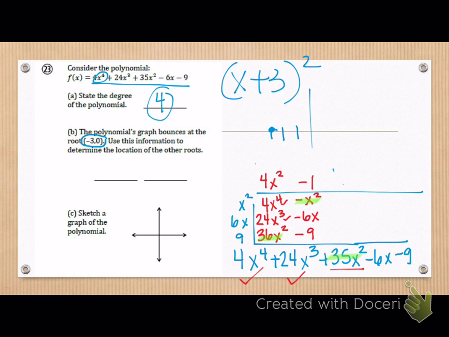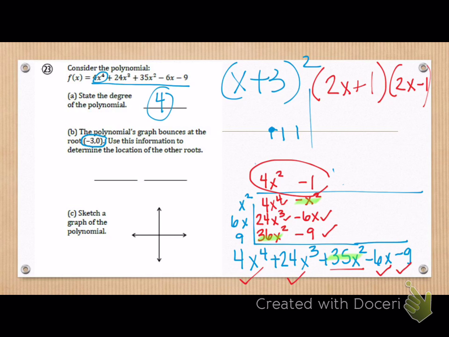So here is what is amazing. This showed up now, and that showed up now. So pretty amazing that it seemed crazy, but I now have everything showing up here. So this is my other factor, so I need to factor that, which is 2x plus 1 and 2x minus 1. So these are all of my factors. I have a bounce there.